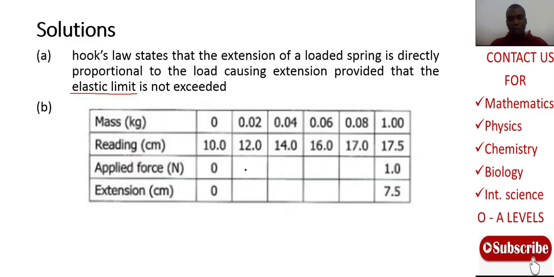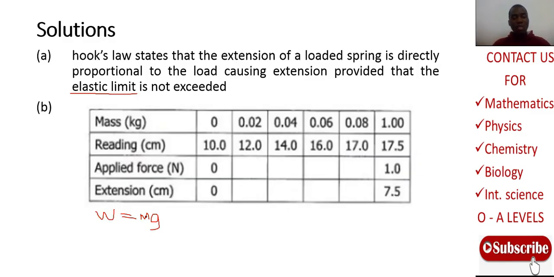Now for us to fill in the forces here, we are just converting from kgs to newtons. The way we convert from kgs to newtons, we use the formula W equals mg. Now this W simply means weight. Because the weight is in newtons, it is also a type of force.